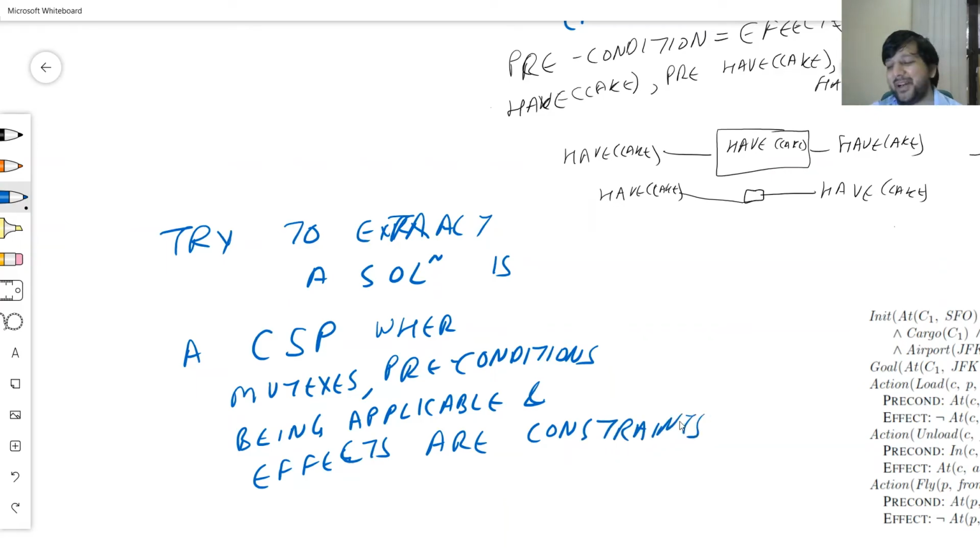Now I'll make you remember it virtually again and again. So what's the biggest thing to happen in AI? Excellent constraint satisfaction problem solvers.